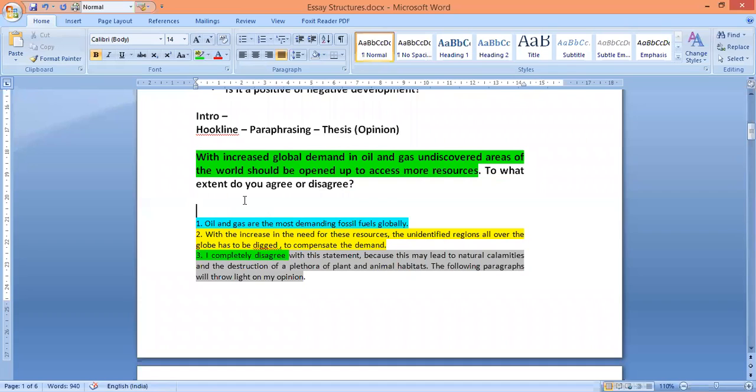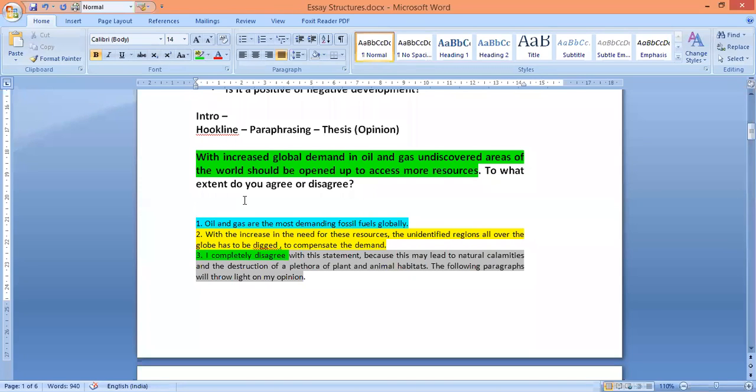Actually, this session is about the essay structures and not about the basic things like what is hook line, what is paraphrasing, what is thesis. We'll not discuss all this. I want to make everyone's attention on the particular structure of a particular essay.